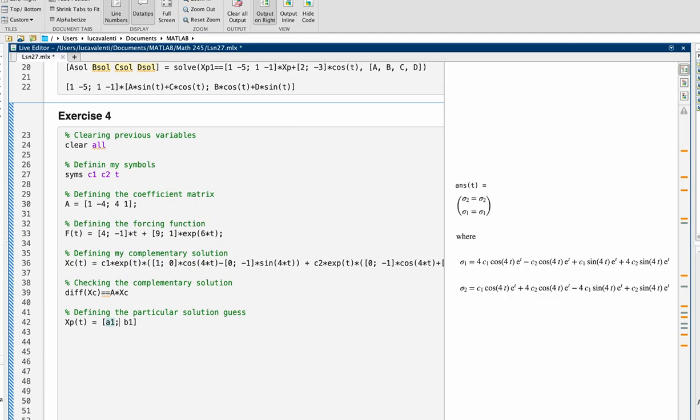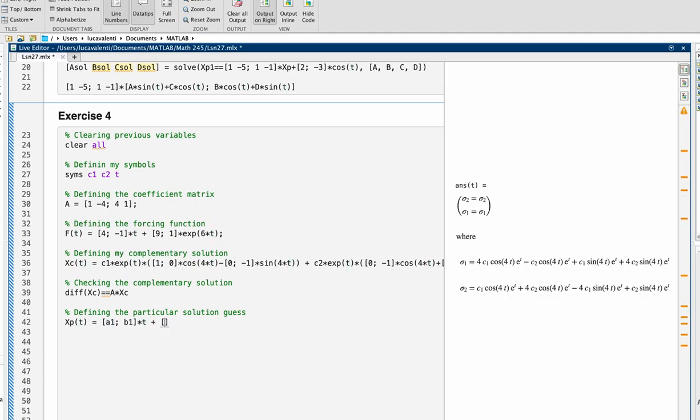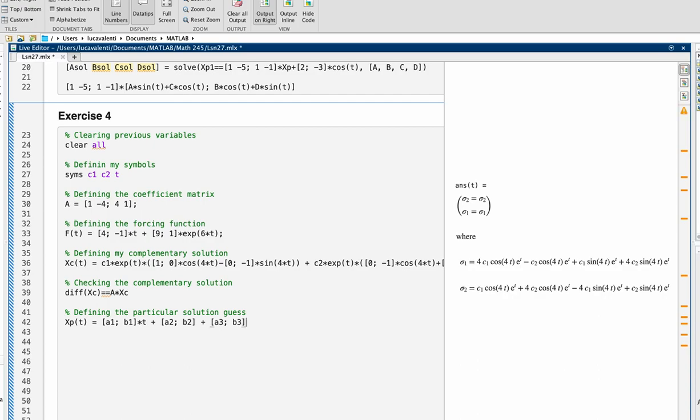Here I need a semicolon to separate the two, multiplied by t, plus we're going to have an a2 and a b2, and plus we were going to have an a3 and a b3 all multiplied by e to the 6 times t. Okay, and now we're going to find the variables a1, a2, a3, and b1, b2, b3.